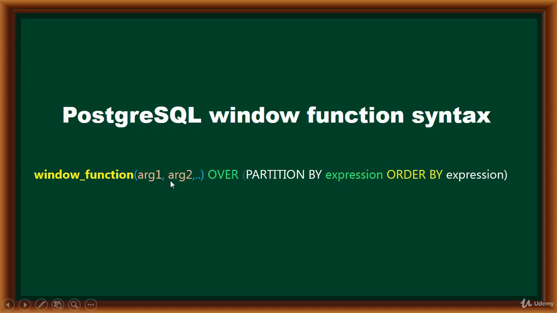You can use any built-in or user-defined aggregate function as a window function. In addition to that, you can use PostgreSQL built-in window functions. PostgreSQL has some built-in functions such as row number, rank, dense rank, and so on. I'll be explaining that in the next slide.